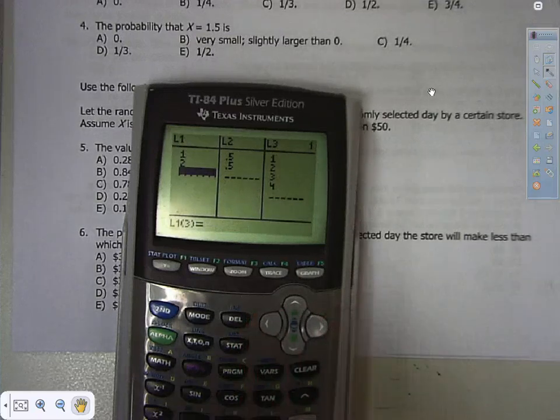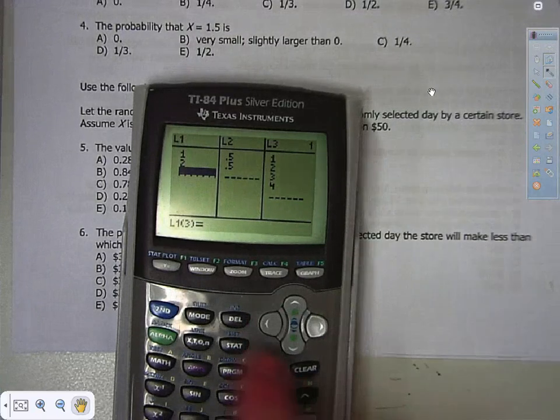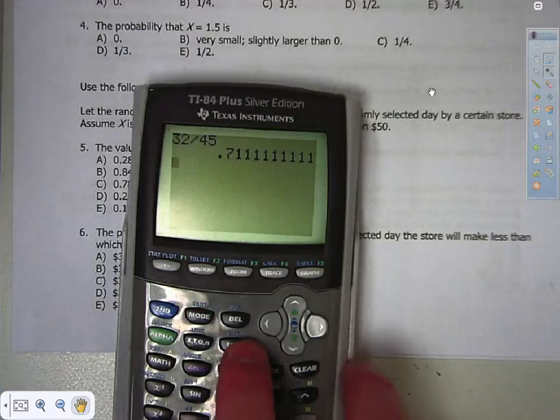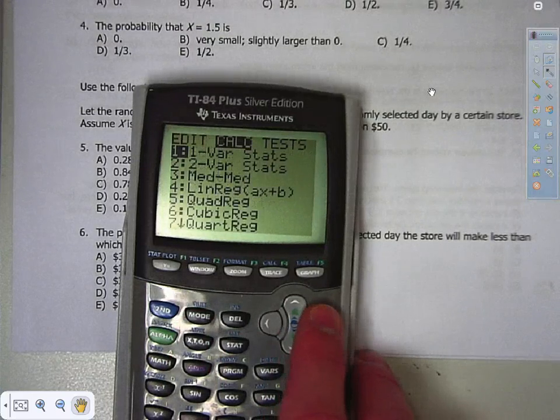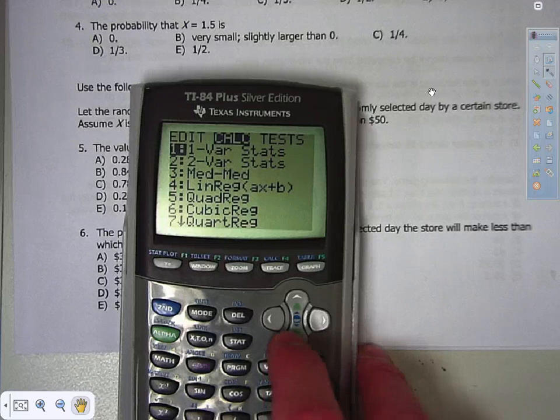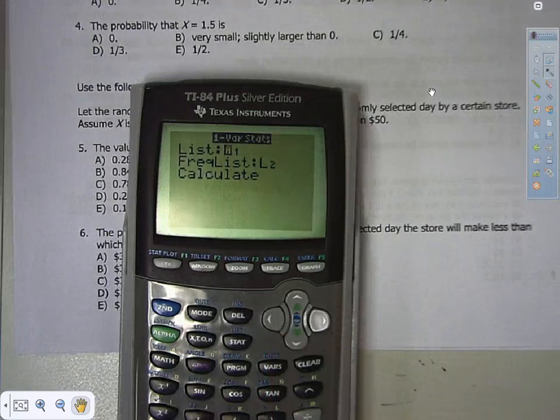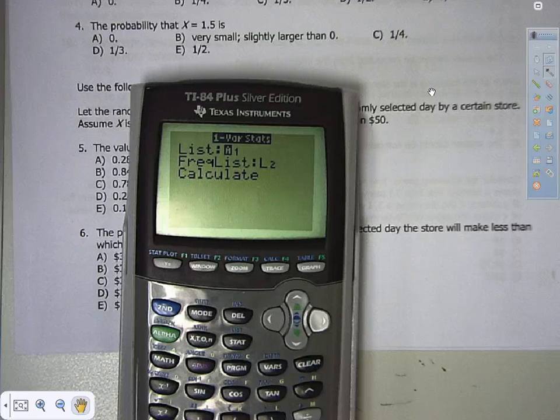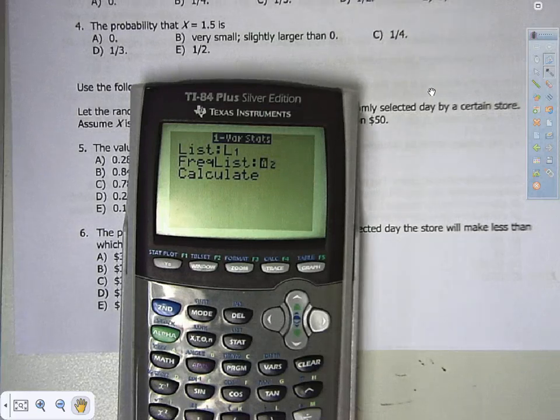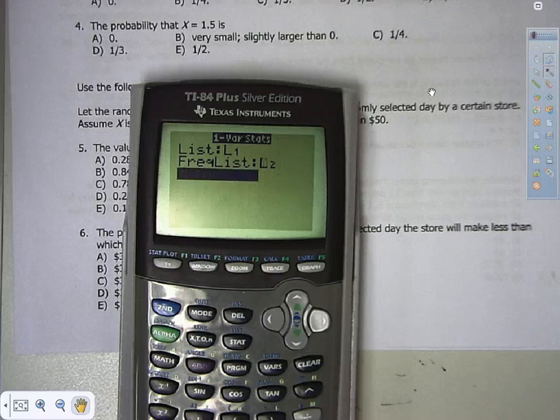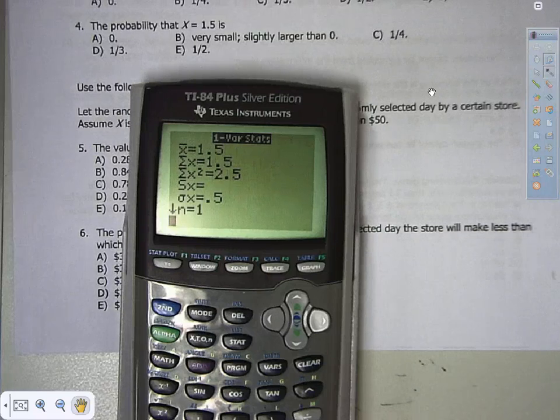Okay? Now, I want the mean and standard deviation of each. So I go to Stat, Calc, and then do one variable stats. And so for the first spinner, my values are in list 1. My frequency, which is how often they should occur, which is the probability, is in list 2. And so I hit enter, and there you go.